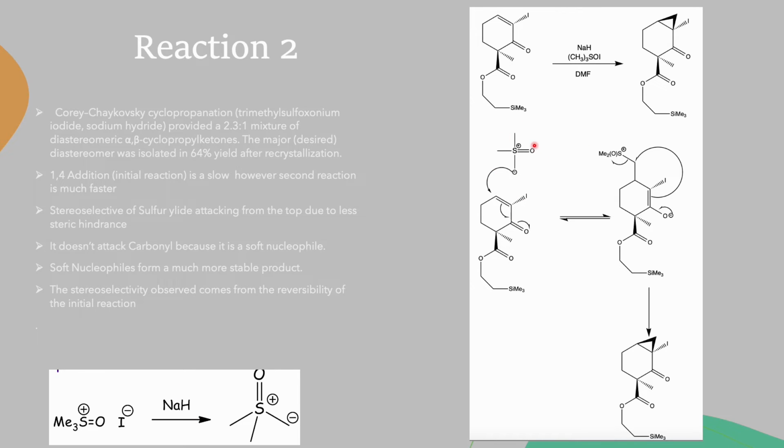Once we've created our nucleophile, we can start the reaction. Now, a little detail about the actual molecule itself. It is open to attack from here and here, because these parts are electrophilic, so they're open to nucleophilic attack.